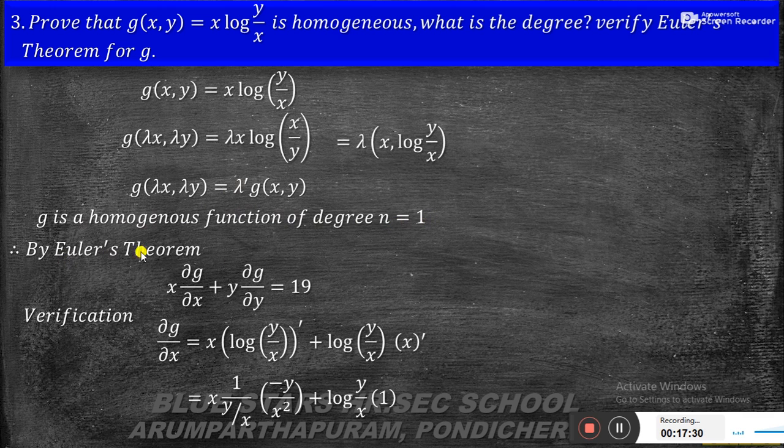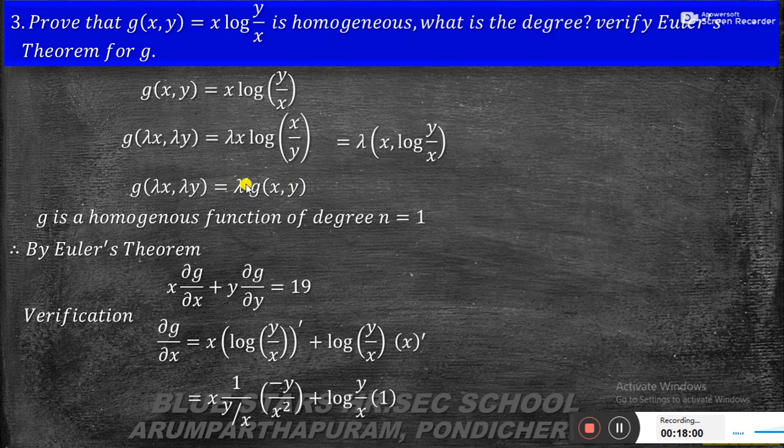Now we verify Euler's theorem. By Euler's theorem, x ∂g/∂x + y ∂g/∂y = n g, because for a homogeneous function g(λx, λy) = λⁿ g(x, y), where n is the power of λ.